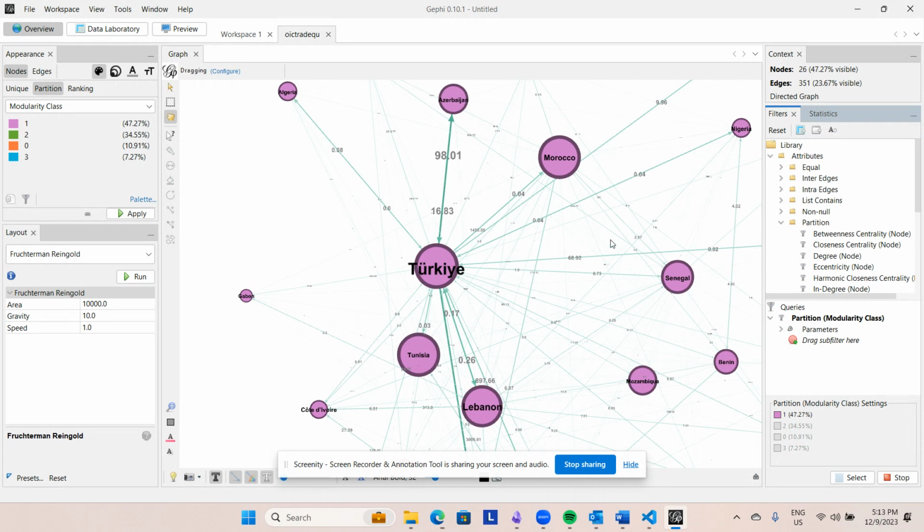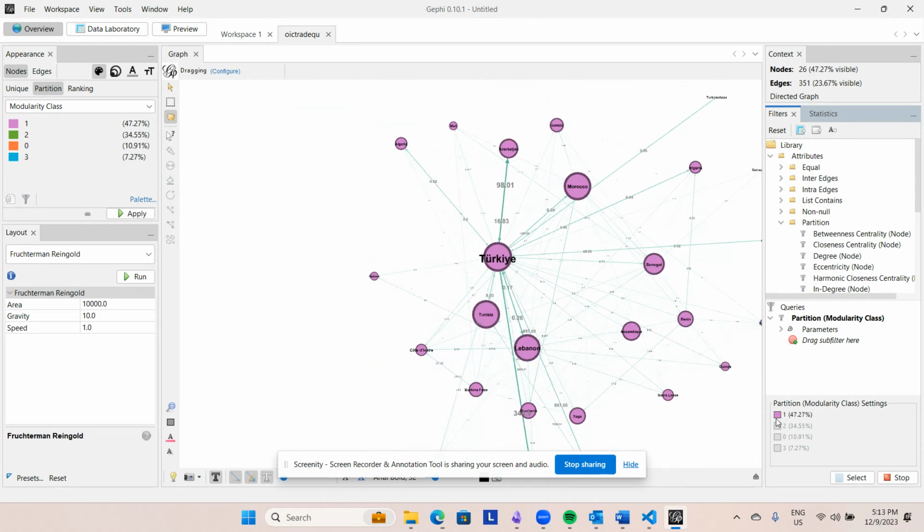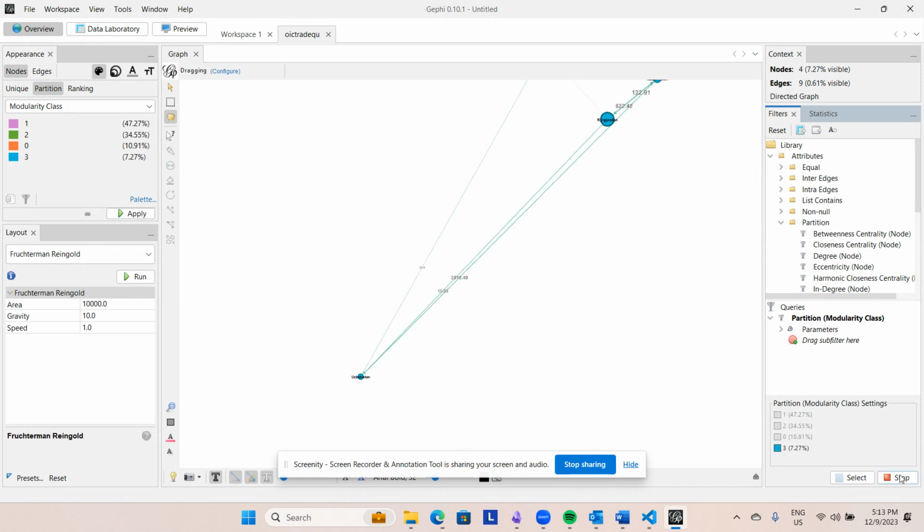We cannot say it is a monolithic group. But when we check the other groups, the other partitions, Kyrgyzstan, Uzbekistan, Tajikistan, and Kazakhstan, we can say those countries form a group not because they are in Central Asia, but because they have more connection.